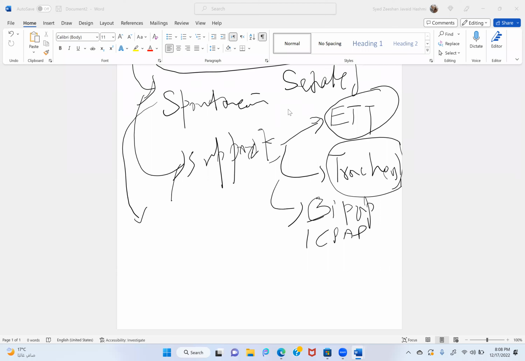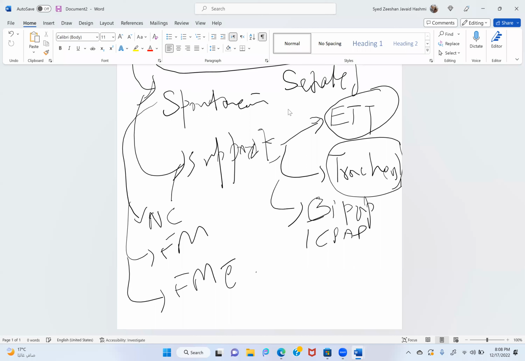Anyway, when it is spontaneous, the patient may be without a face mask, with a nasal cannula, with a normal face mask, with a face mask with reservoir bag without rebreathing valve, or a face mask with reservoir bag with non-rebreathing valve.